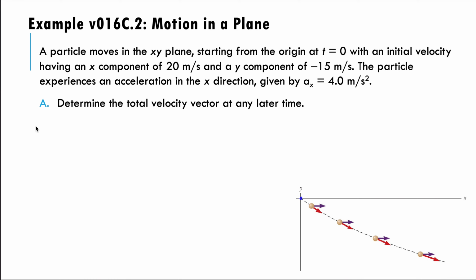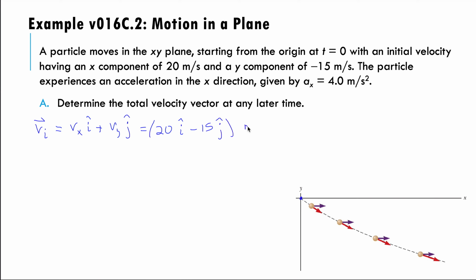So if we were to write the initial velocity in vector form, remember we can just write the x and y components separately. We would put vx i hat plus vy j hat. That's how we write the velocity vector. There's no z direction here. So we would write 20i minus 15j, all in meters per second.